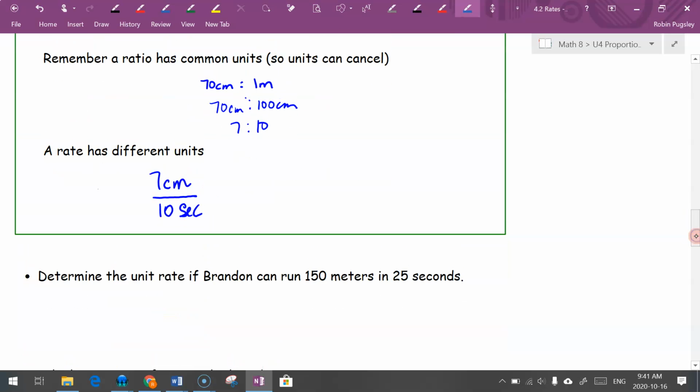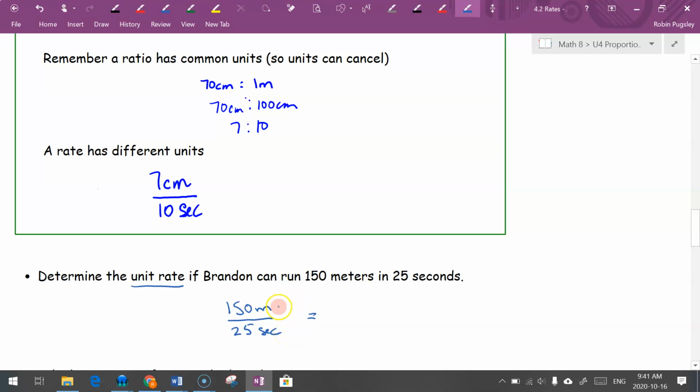Let's practice this one. Let's find the unit rate if Brandon can run 150 meters in 25 seconds. So we would write it as 150 meters, distance divided by time gives us our speed. This will be his speed. So then I want 1 on the bottom, so I have to divide the bottom by 25 to get 1.